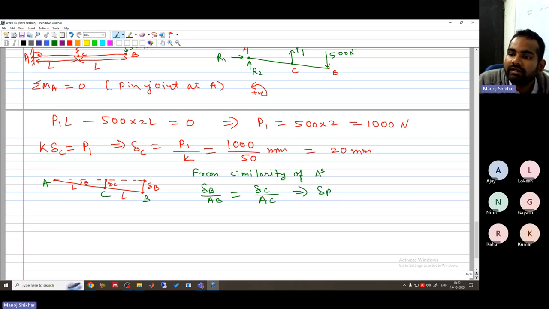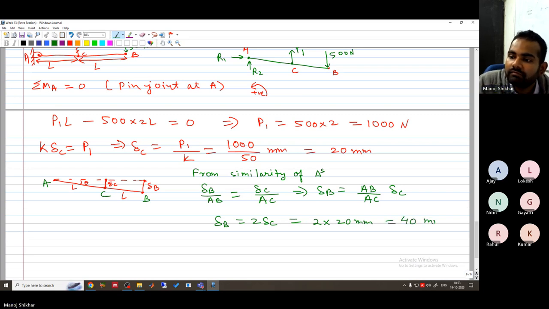So from here we get that delta B equal to AB upon AC into delta C. So delta B is 2 times delta C. So that is 2 into 20 mm. That is 40 mm.